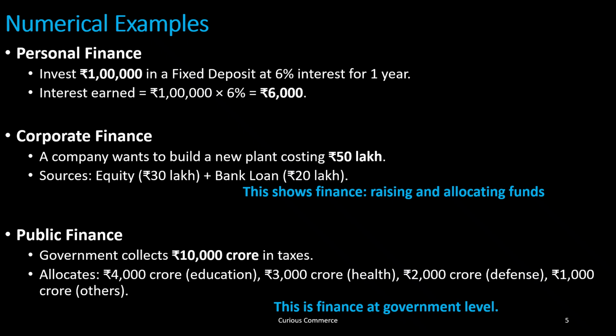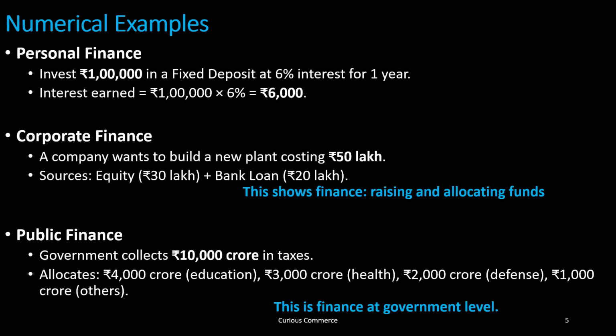If you invest or deposit 1 lakh rupees in a bank for 1 year with 6% interest, at the end of the year, the interest earned on the principal amount of 1 lakh rupees with consideration of 6% interest is 6,000 rupees. 6,000 rupees we call the interest, 1 lakh rupees we call the principal amount. At the end of the year, the investor received 1 lakh 6,000 rupees. That is the general common example for understanding the concept.